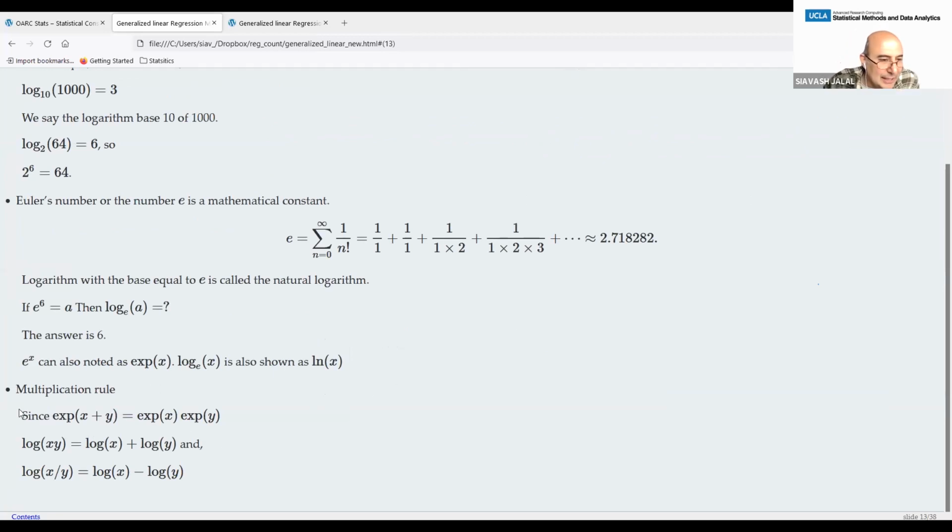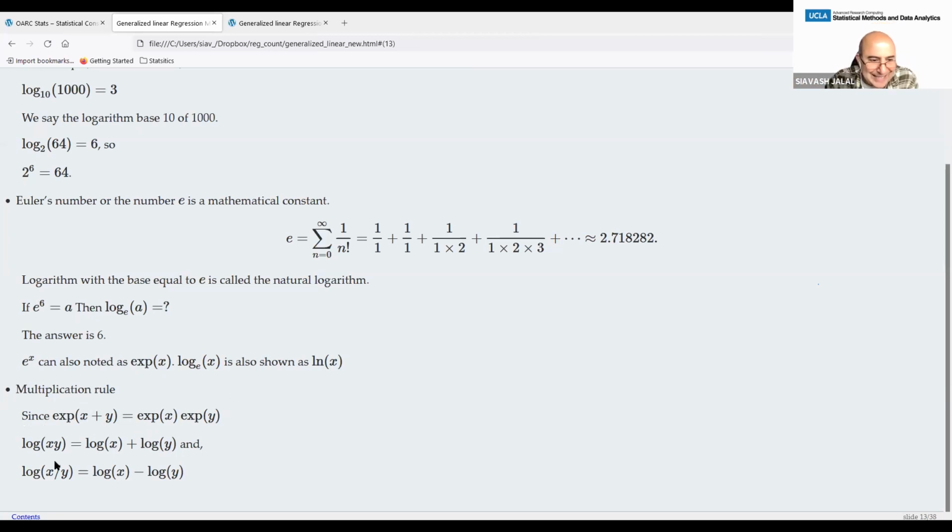But there are some rules in the log. There is one, when you have exponentiate of x plus y, where exponentiate means e to the power x plus y. When we say exponentiate, that means e to the power of that value.